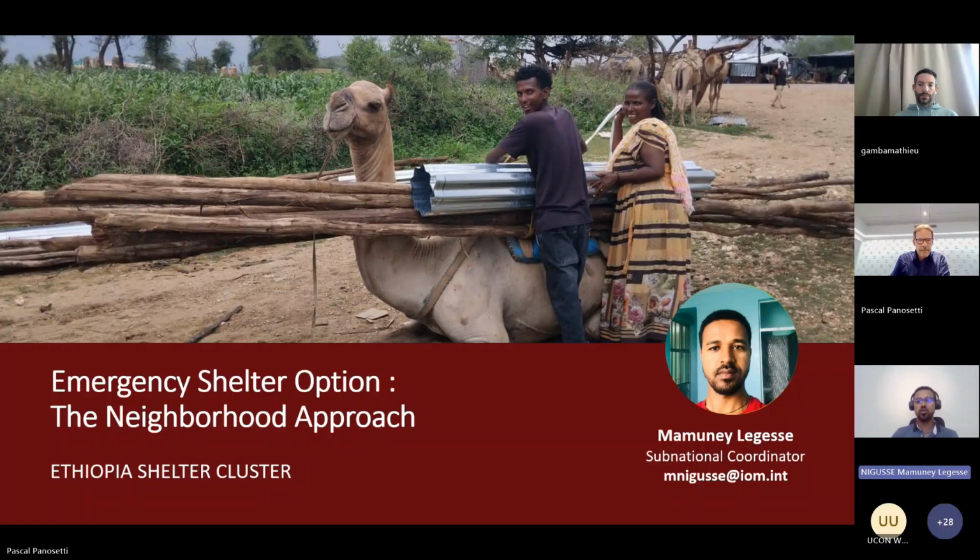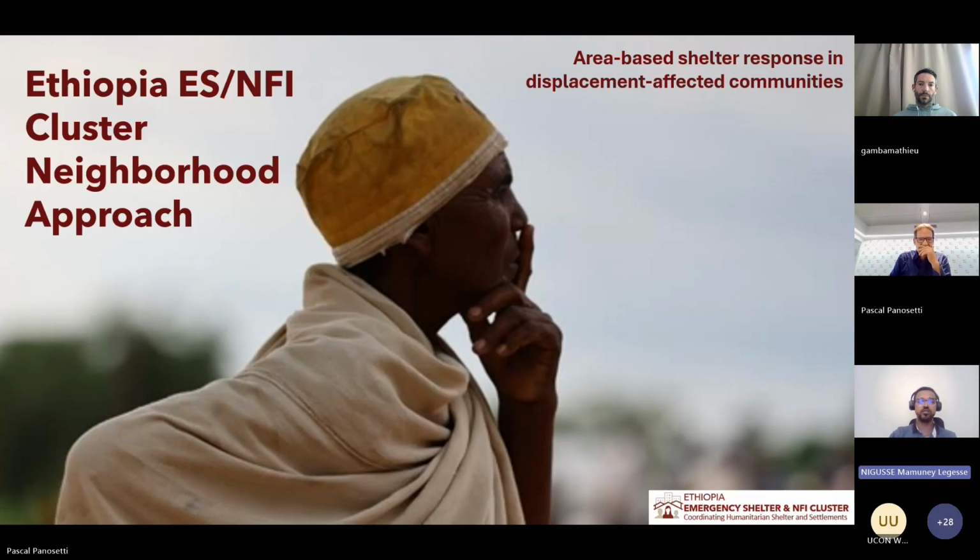That being said, we'll be taking you through a short presentation from Ethiopia, basically on the neighborhood approach, a response approach that we have devised to support the displaced community in an area-based approach, which was initially introduced by the International Organization for Migration, IOM, in 2022, targeting displaced communities that can be hosted within a hosting family.